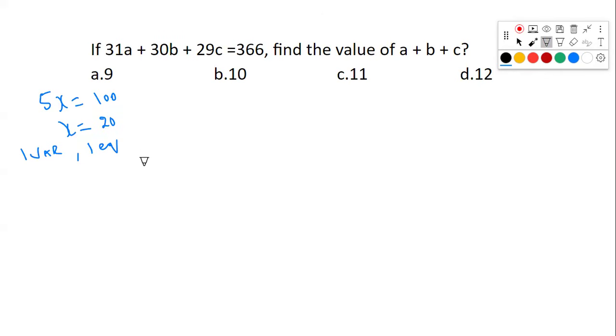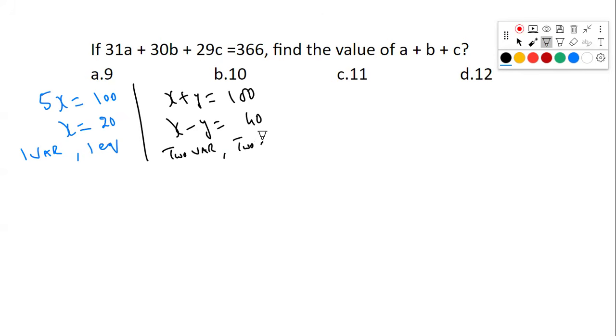Okay, so let's move on and see if I have two variables: x plus y is equal to 100, x minus y is equal to 40. So I have two variables now. Please understand, now it is two variables. If I have to get x and y values, I need two equations.